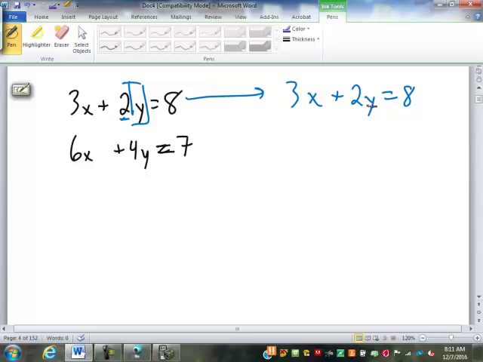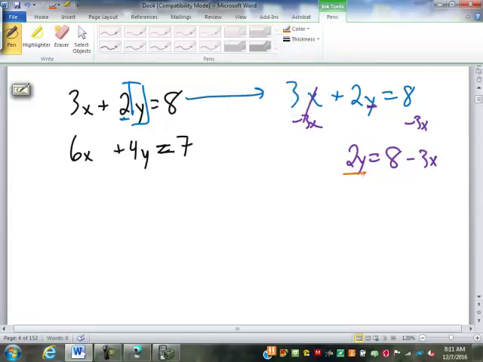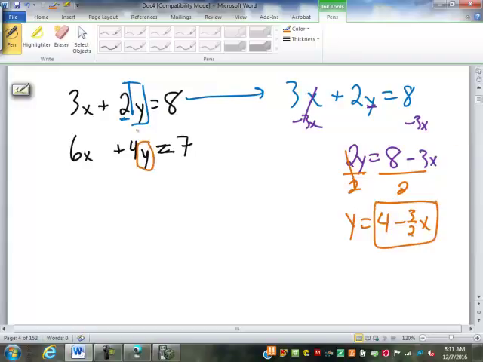So I'm going to solve this for y. I have to subtract 3x first. 2y equals 8 minus 3x. And then divide by 2. Y equals 4 minus 3 halves x. So that has to go in here for y.